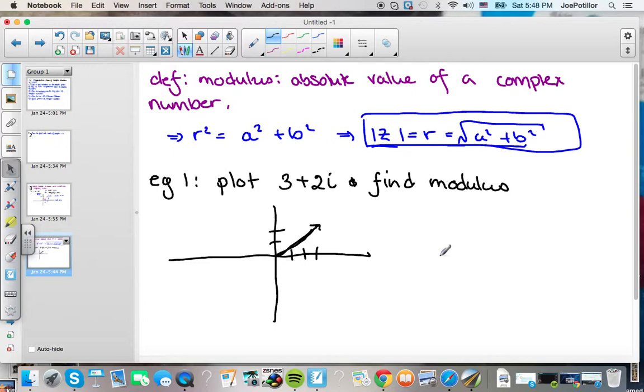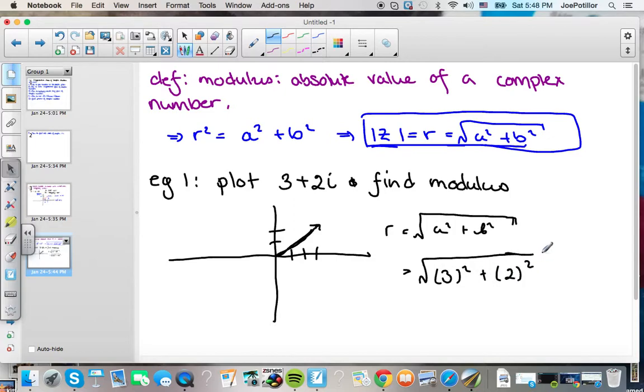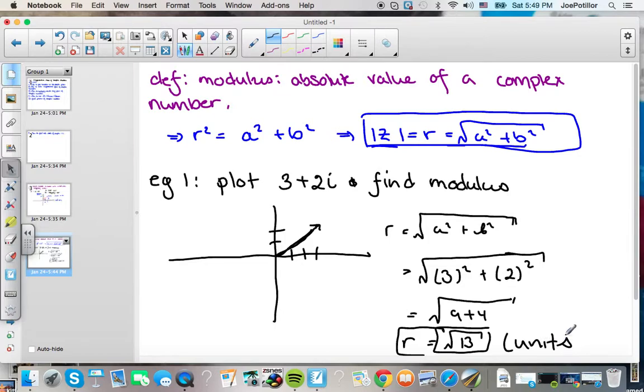And so to find the modulus, r, it's going to be the square root of a squared plus b squared, which is, of course, the square root of 3 squared plus 2 squared, which is 9 plus 4, and the square root of 13. So this is r. Your modulus is the square root of 13, and that's in units. Okay?